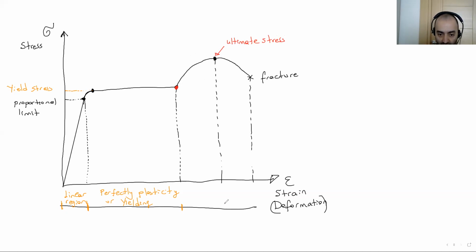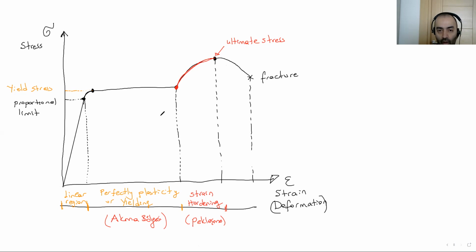This part is strain hardening. In Turkish, this is pekleşme. If you take a look at the Turkish books, you are gonna see this part. This is linear region. This is akma bölgesi. Okay, this part is strain hardening after the yielding.